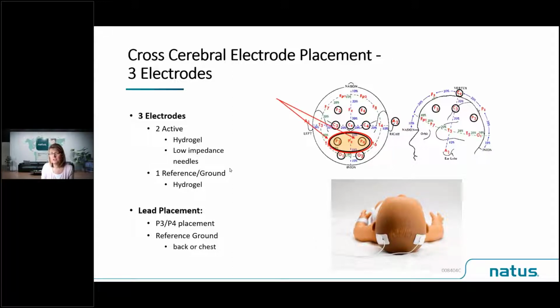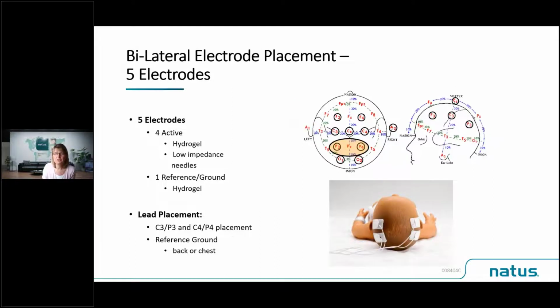If we want to do 5 electrodes, that gives us the extra channels. So now we're going to place an additional 2 electrodes at the central region, okay? So now we've got electrodes at C3 and C4, P3 and P4.